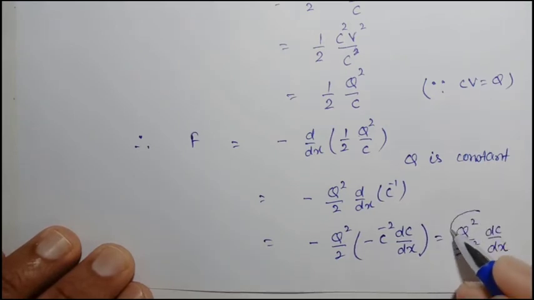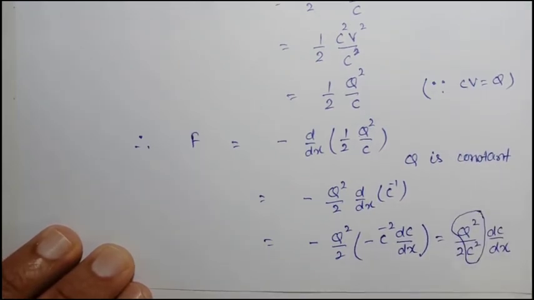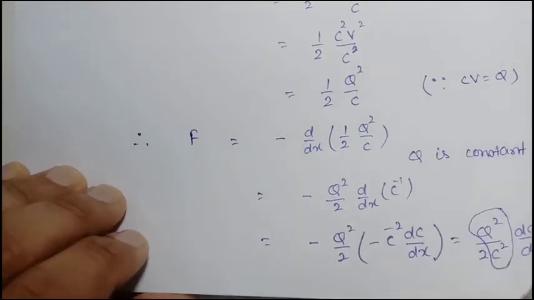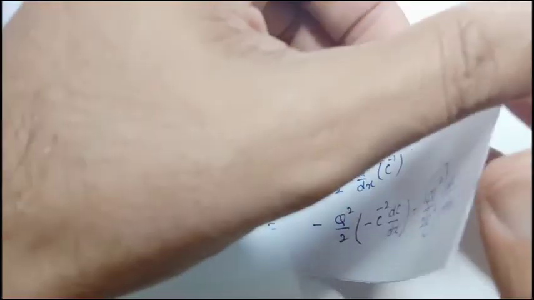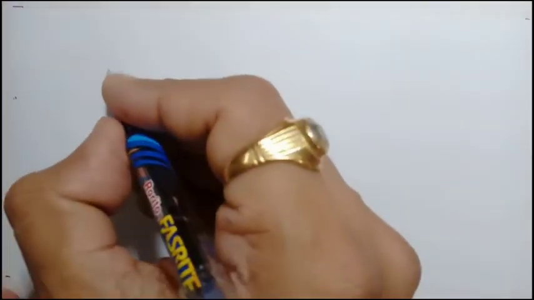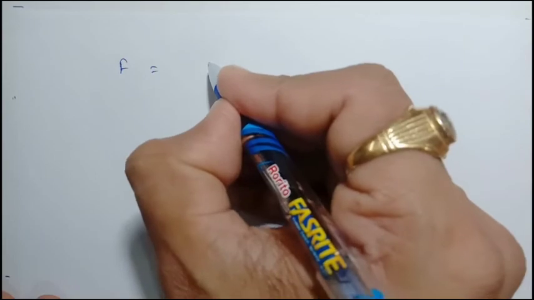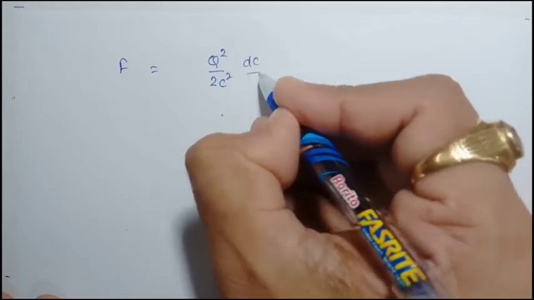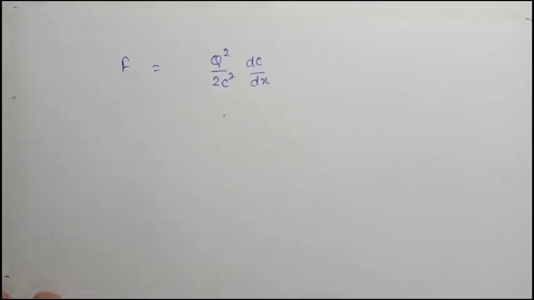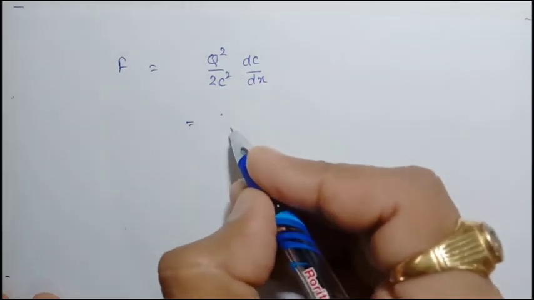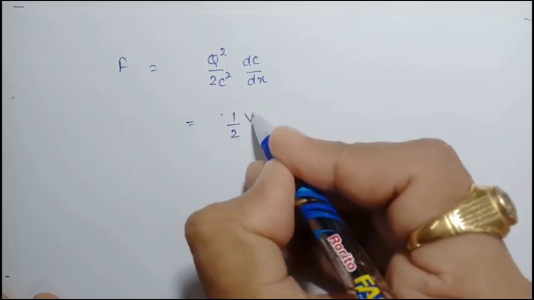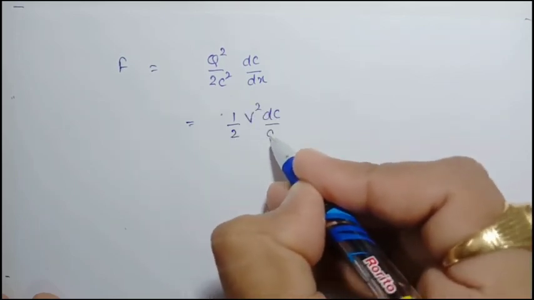Further, this Q square over C square equals V square, because Q equals CV. So F equals Q square over 2C square dC over dx, and since Q square over C square equals V square, we can write 1 over 2 V square dC over dx.